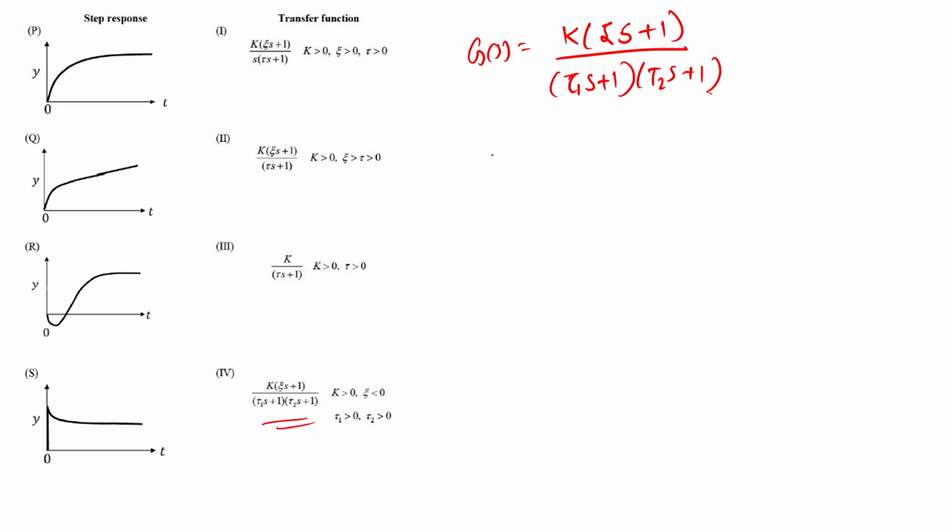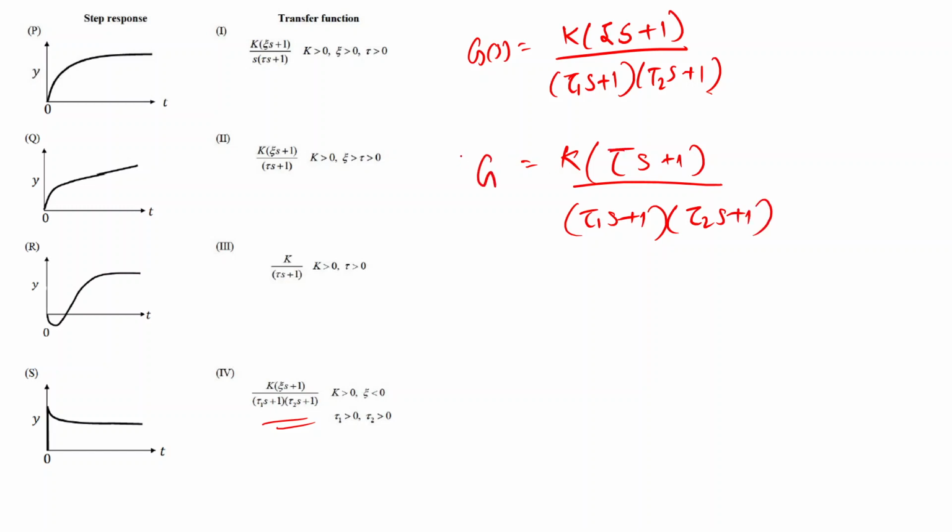So if any process has components which provide an inverse response, then the transfer function can be written in the form k tau s plus 1 upon tau 1 s plus 1 upon tau 2 s plus 1. And if the zeros of this transfer function, that is the roots of the numerator, are greater than 0, we can say that we are having an inverse response.